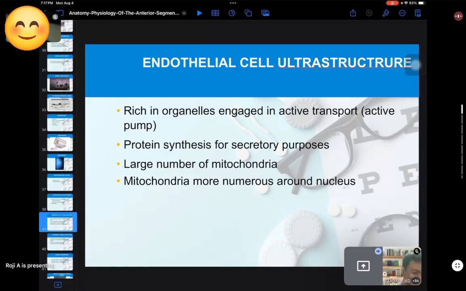But when you're asleep, your eyes are closed. So where do you get the oxygen then? From the tear film. From the tear film. With your eyes closed, of course, you need to have oxygen thanks to the aqueous humor.